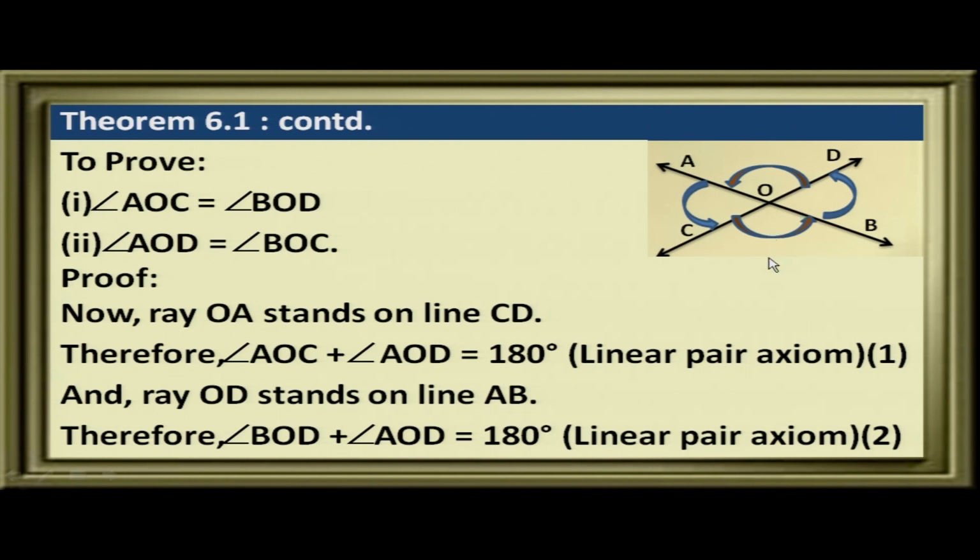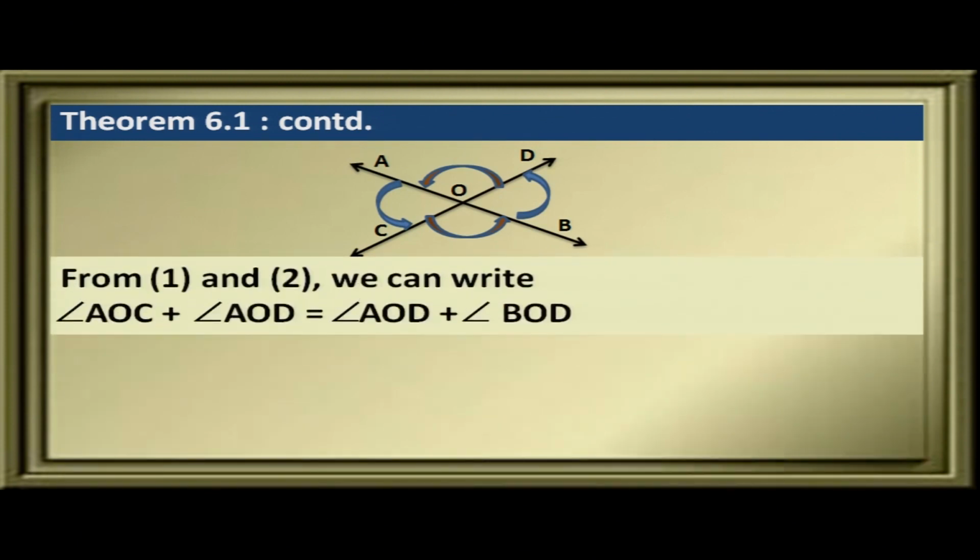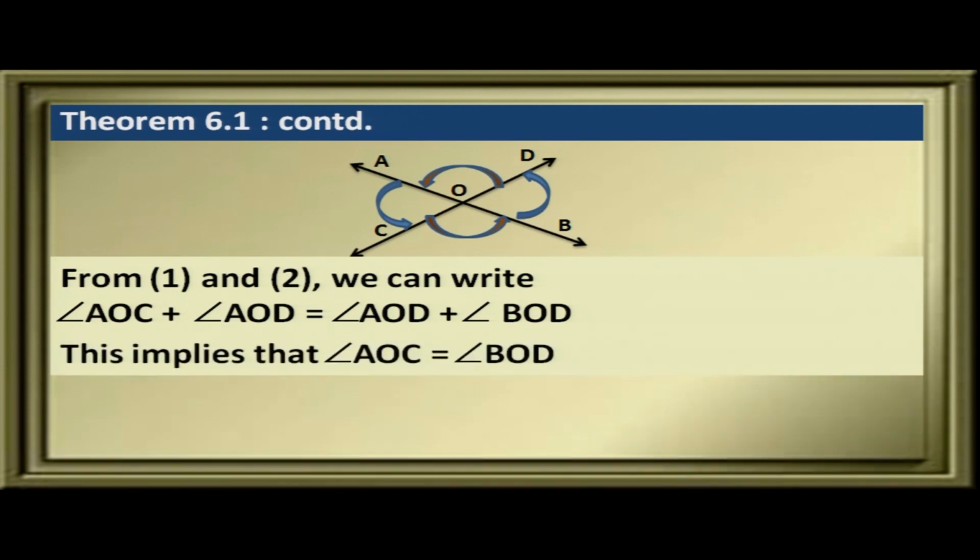Let this be equation 2. So, from equations 1 and 2, as both of them have 180 degree on the right side, the left sides must be equal. So, angle AOC plus angle AOD is equal to angle AOD plus angle BOD.